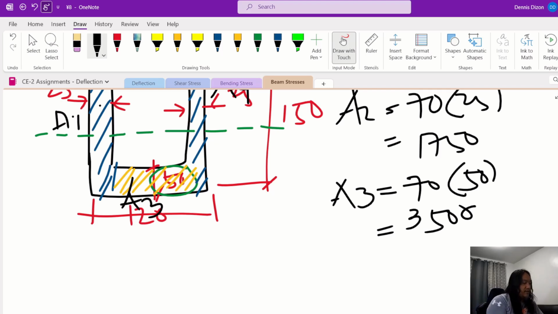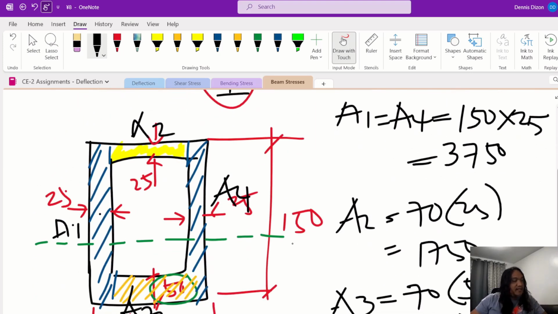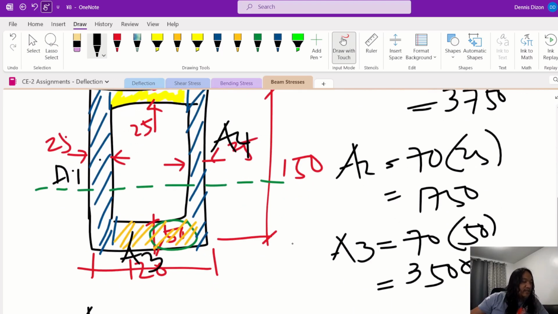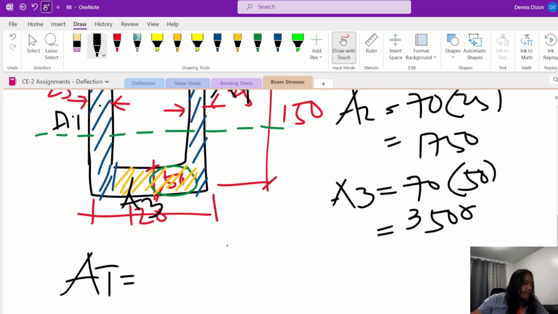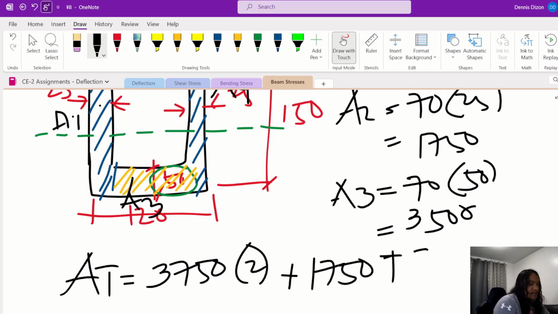Therefore, the total area is equal to area 1 plus area 2 plus area 3 plus area 4. So area 1, which is equal to area 4, is 3750, times 2 because there are two of them, plus 1750 plus 3,500.